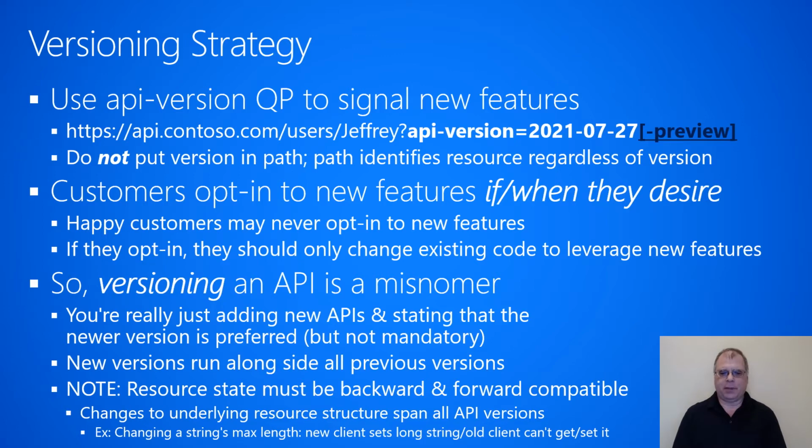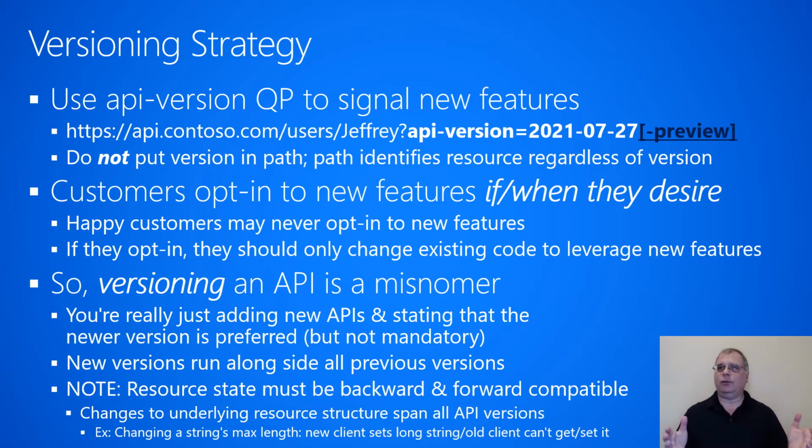2021-07-27. When you are introducing or testing out some new features that you're adding to a service, then we recommend that your API version include a suffix of -preview at the end of that. If it's in general availability and it's not in preview anymore, then you would strip the -preview suffix away from the API version parameter. Do not put the version in the path.